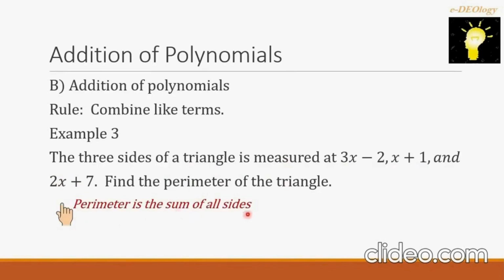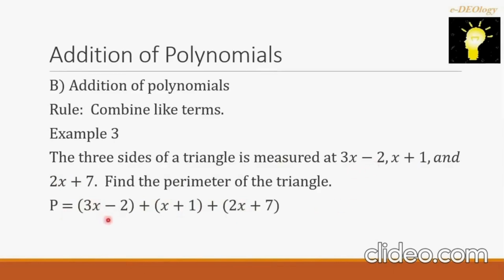So we're going to add the sides of the triangle. So P stands for perimeter. So I collected the 3x minus 2, that is the first side, x plus 1, that is the second side, the 2x plus 7, that is the third side.